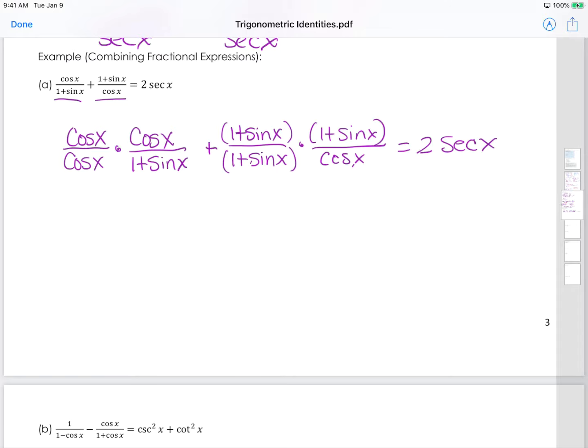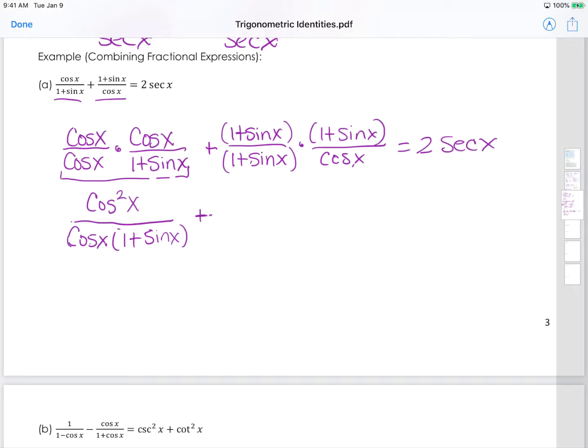So when I multiply, and I'm looking at the first fraction, I get cosine squared x all over cosine x times 1 plus sine x. When I multiply the second fraction, I have to distribute here.